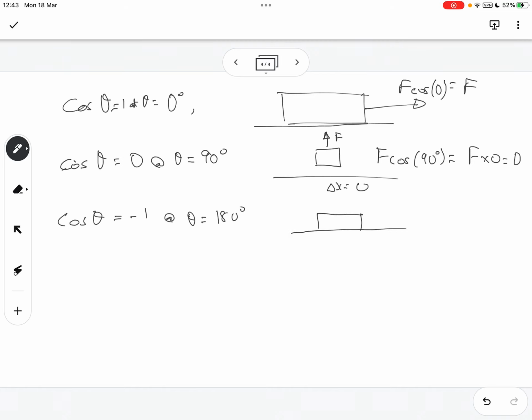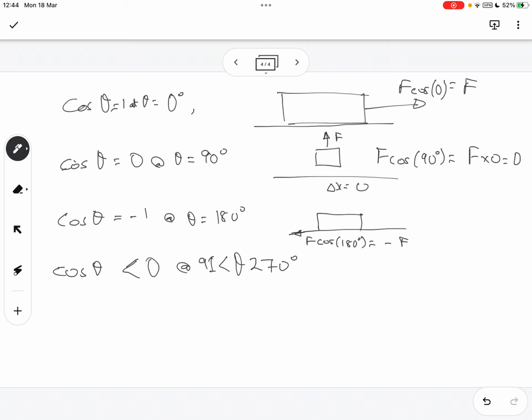Maybe friction, negative F. And cos theta is less than 0 when theta is between 91 degrees and 270, because cos of 270 is 0.